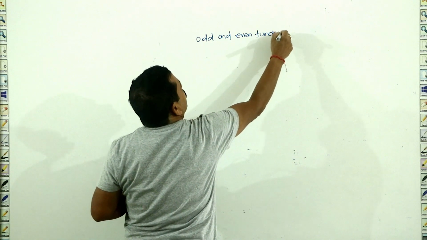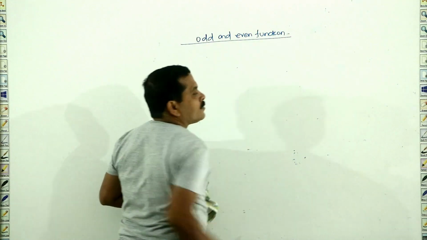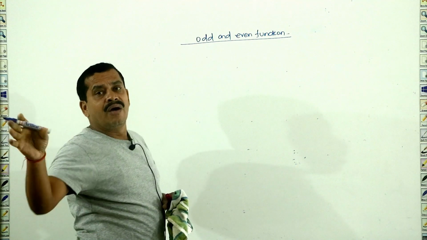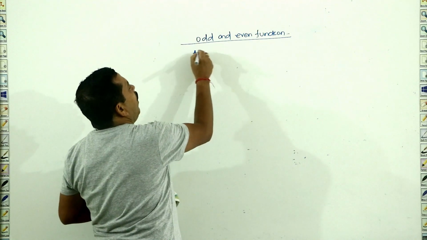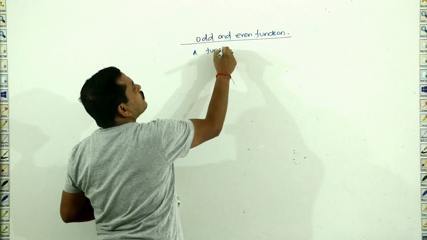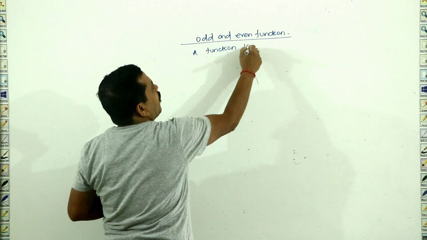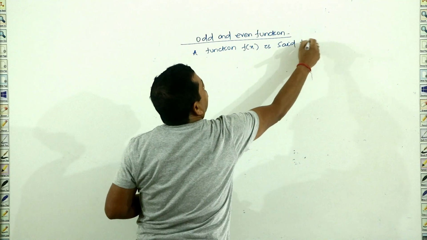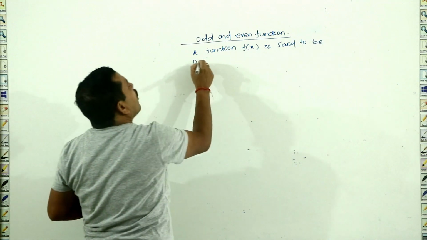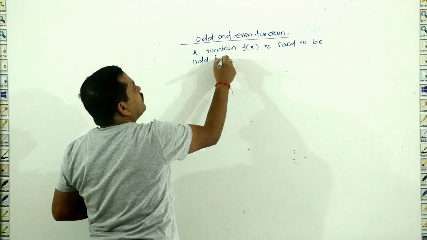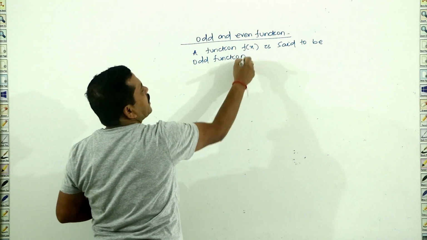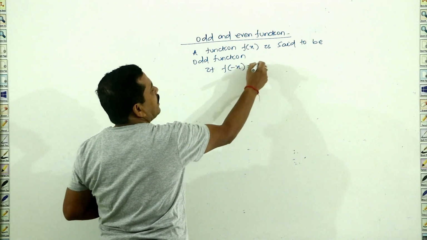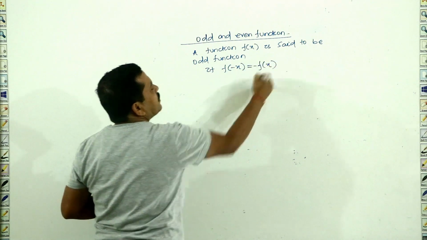Odd and even function. When we say this function is an even function or this function is an odd function: a function f of x is said to be an odd function if f of minus x is minus f of x.